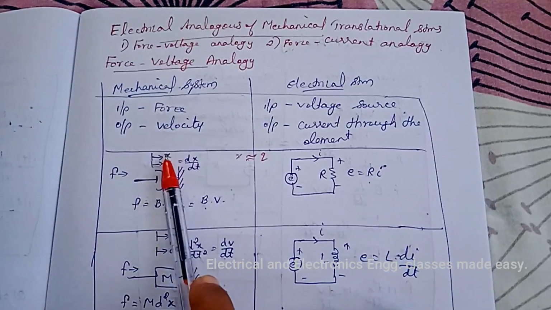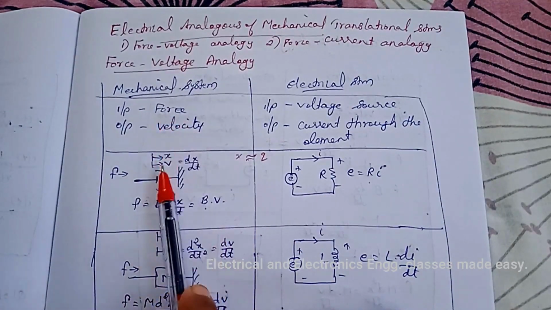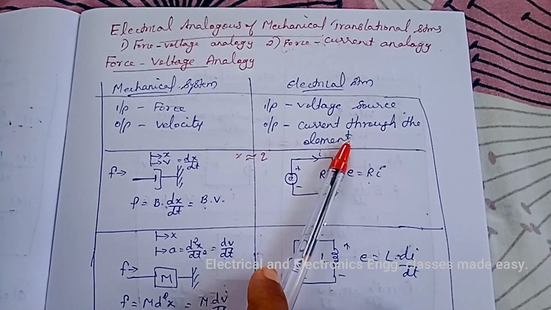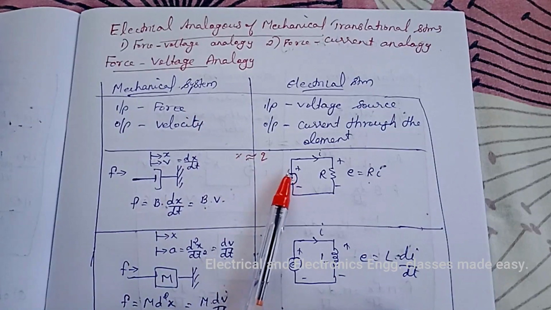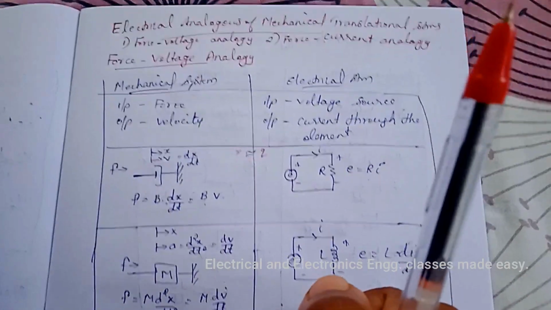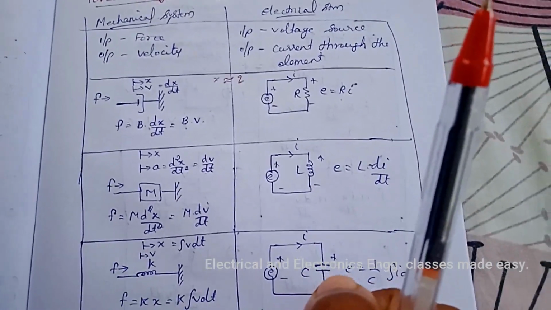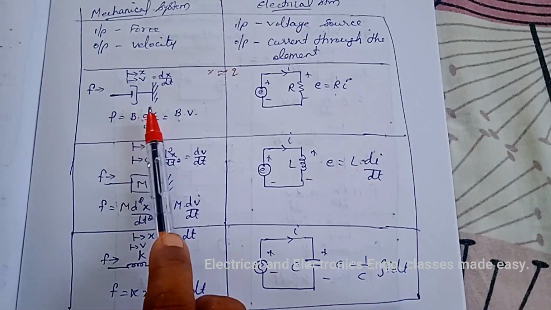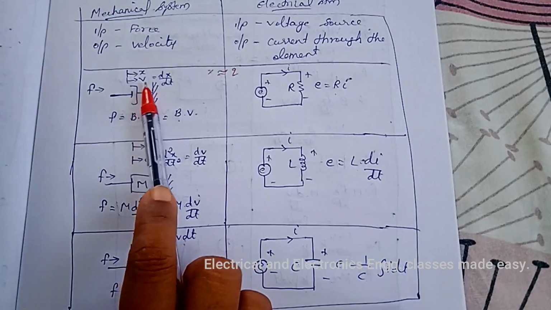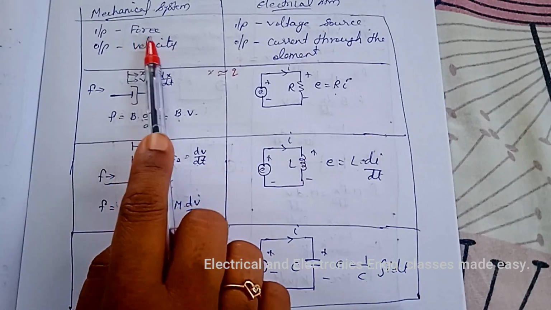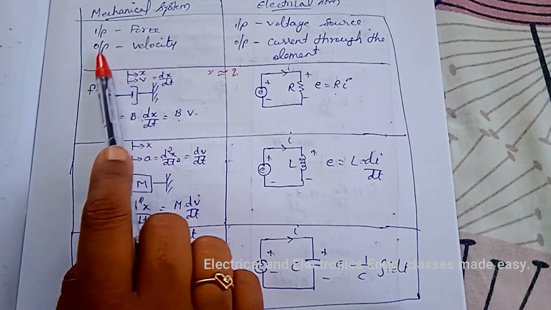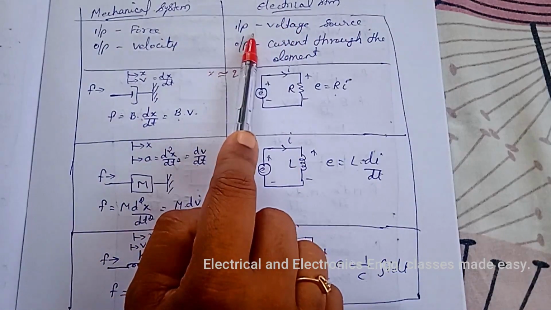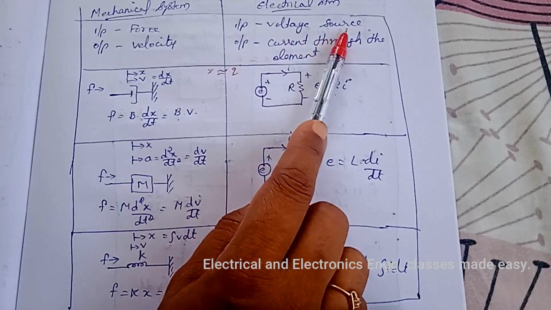The force balance equations of mechanical elements and their analogous electrical elements in force voltage analogy are shown in this table. So here in mechanical system input is force and output is velocity, and in electrical system input is voltage source.